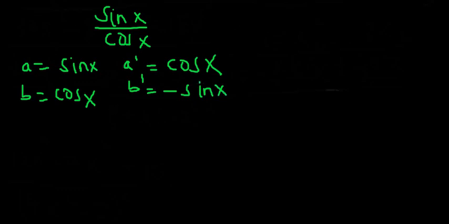So we also have the quotient formula, as we said earlier, is b a prime minus a b prime all over b squared. So we are going to substitute this in this formula.